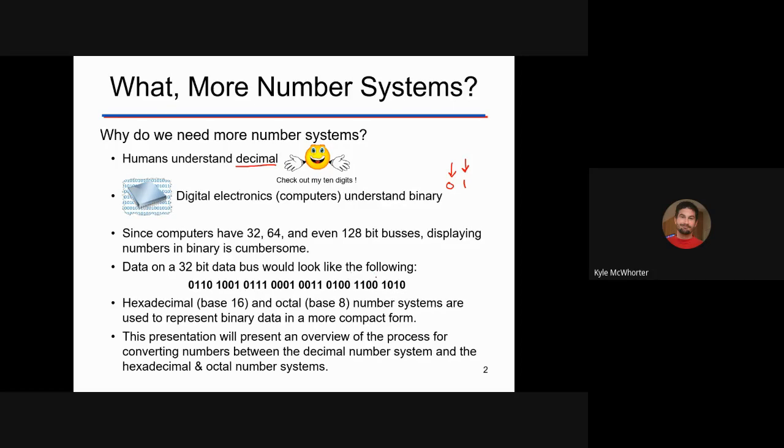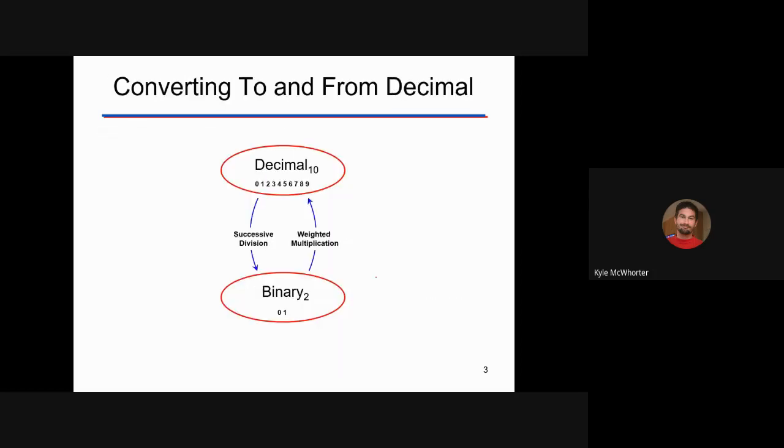So we're going to review some of the binary stuff that we learned from before. If you remember back in the past, if we were converting from a decimal, which is the numbers we're used to, to binary, we would just successively divide by 2, and then each remainder would be one of our digits.